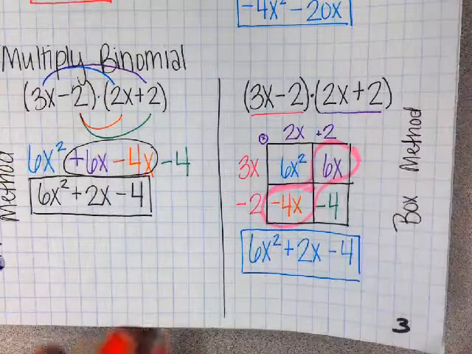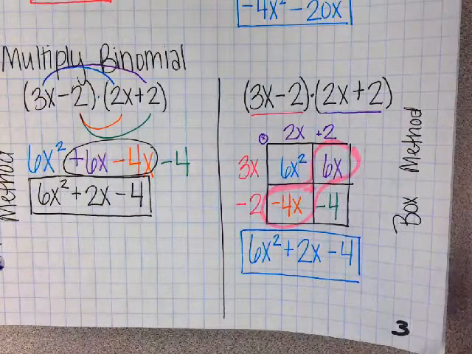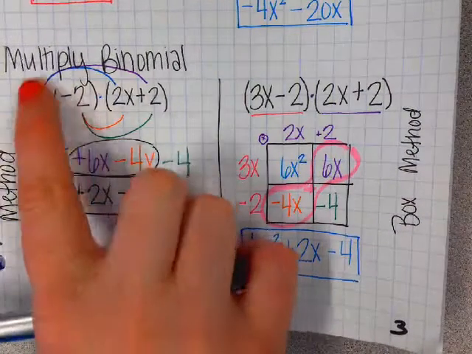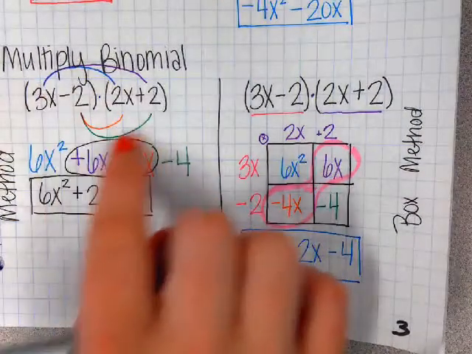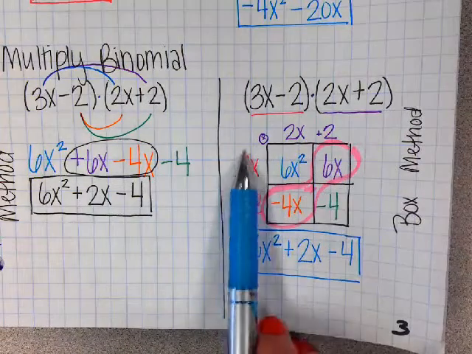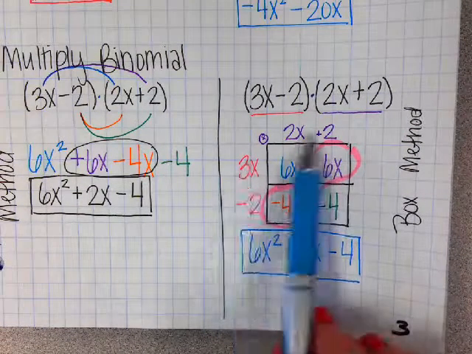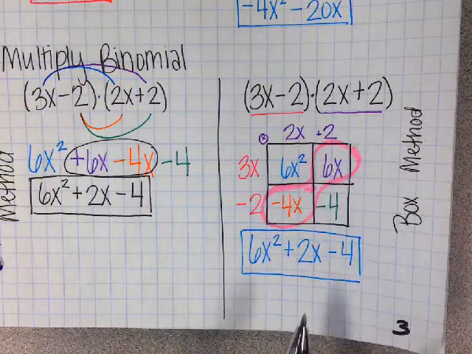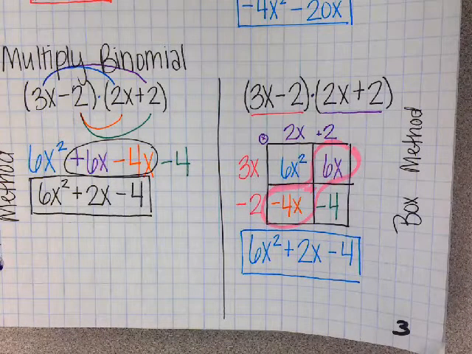So do you see how I got the same answer? It just laid it out a little bit differently. Yes? So instead of having to draw these arcs and try to remember which ones you still haven't multiplied, if there's 2 terms in the first parentheses, you lay it like this. If there's 2 terms in the second parentheses, you do it like that.